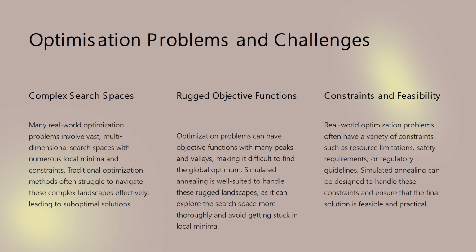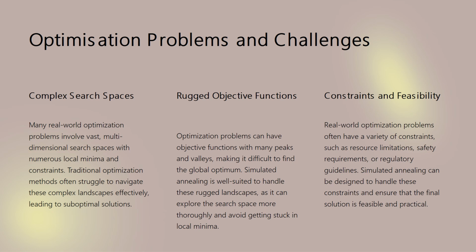Optimization problems and challenges. We have complex search spaces, we have rugged objective functions, we also have constraints and feasibility. Under complex search spaces, many real-world optimization problems involve vast multi-dimensional search spaces with numerous local minima and constraints.